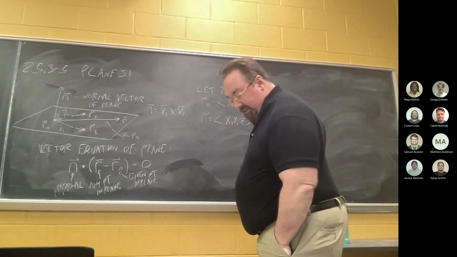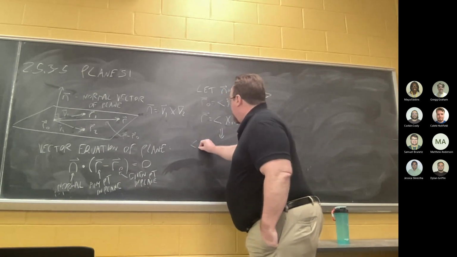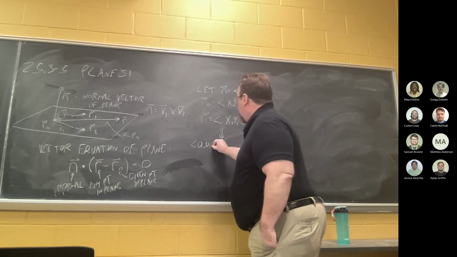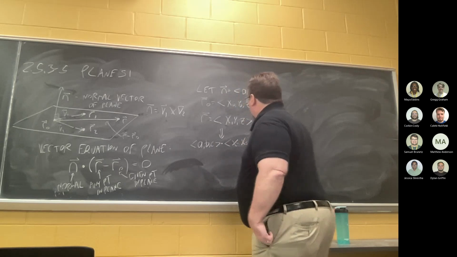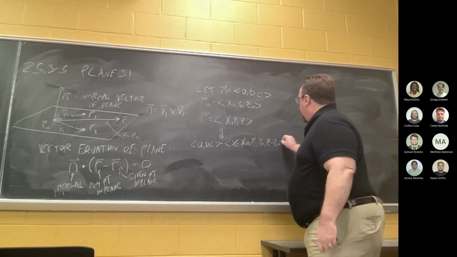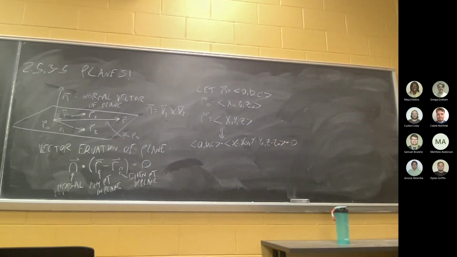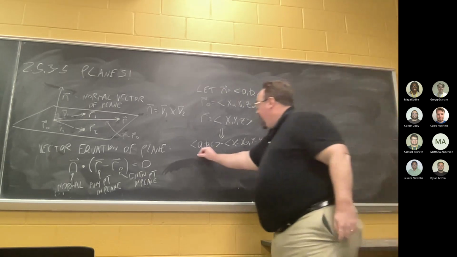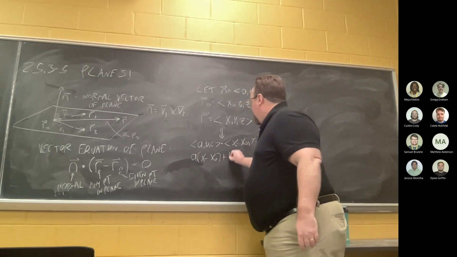What we get is (a, b, c) dot product with (x minus x naught, y minus y naught, z minus z naught) equals 0. Then I carry out the dot product: you multiply corresponding components and add them up.